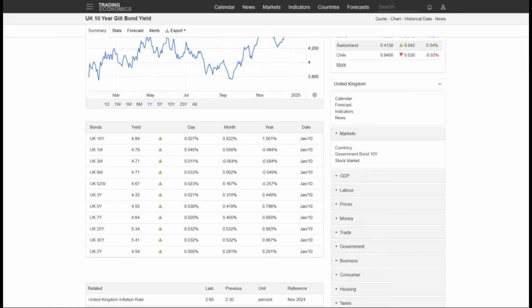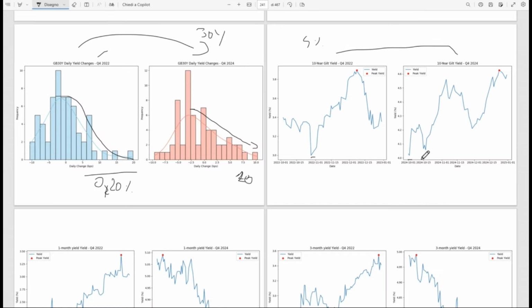No, it's 4.84. I'm wrong. 4.84. Okay, so we are starting from 4%, and the yield is up for the peak. For now, it's 4.84, but this is sure. You can bet everything you want, this will go to 5%. I'm sure. I'm very, very sure about that.